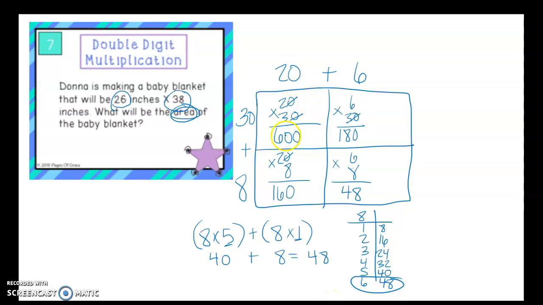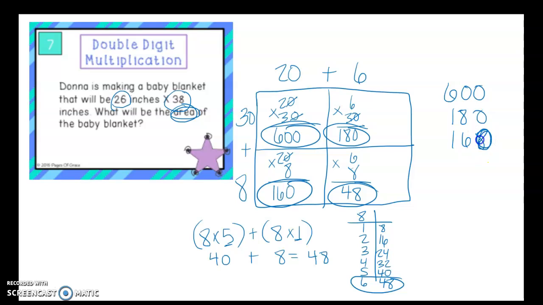But now I'm ready to take all these partial products, my partial answers, and add them up. So 600, 180, 160, and then 48. All right, that would be 8. There's a group of 10.